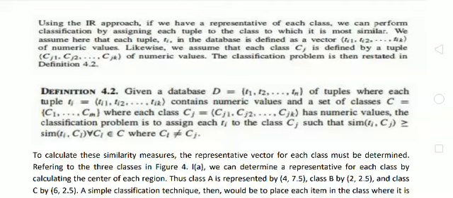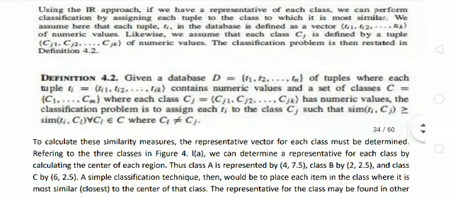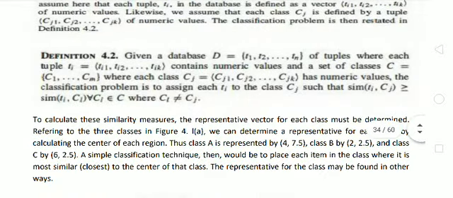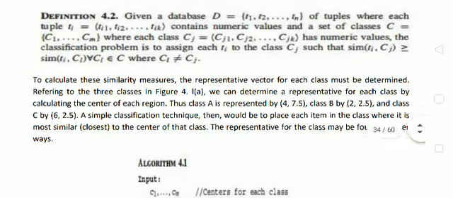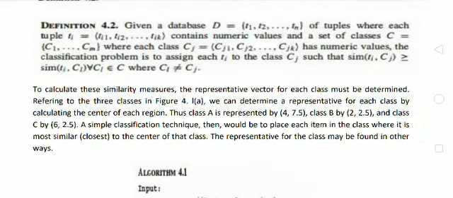Here we are considering a database D which has a set of tuples T1, T2, up to T of n, where each tuple T of i has some numeric values or vector T of i1, T of i2, up to T of ik, and at the same time we have a set of classes C equal to C of 1 up to C of m, where each class C of j has the vector C of j1, C of j2, up to C of jk, which also have some numeric or known values.